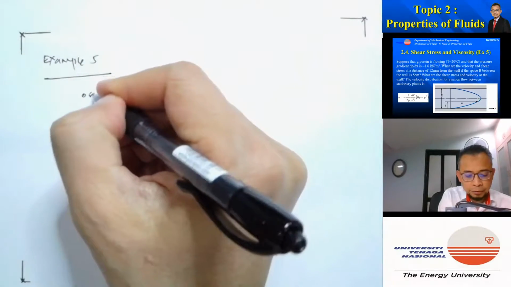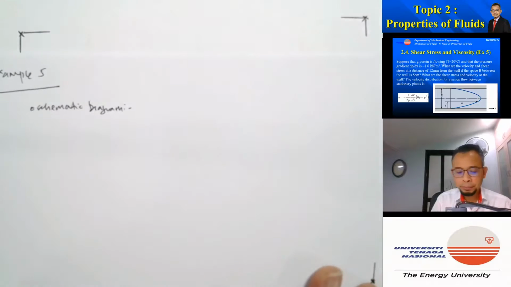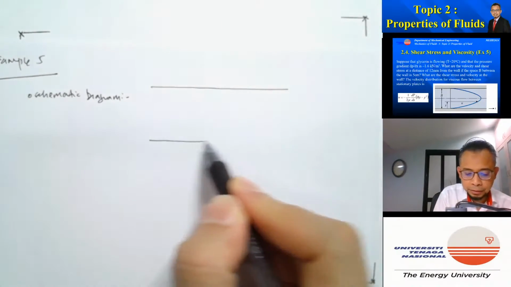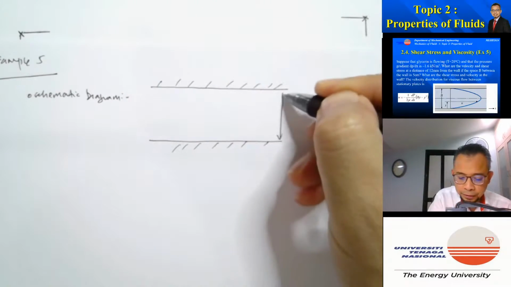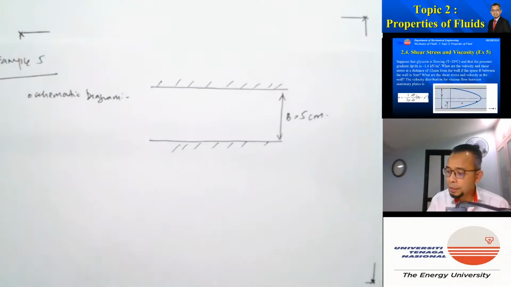Okay, so first of all, as usual, we draw a schematic diagram. Let's draw everything that we know. So that's the two plates, and the spacing is equal to B, which is 5 cm.